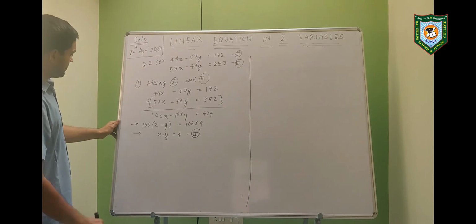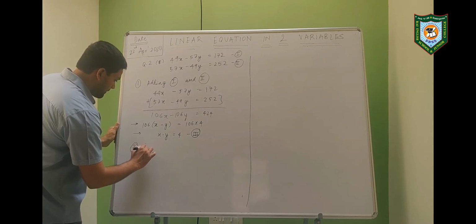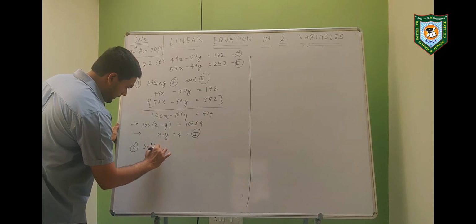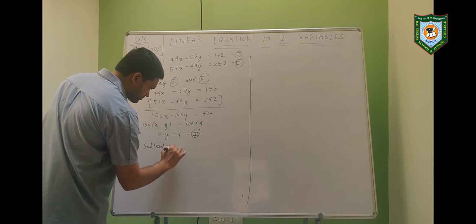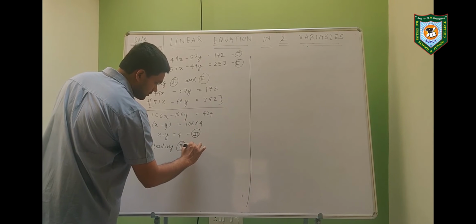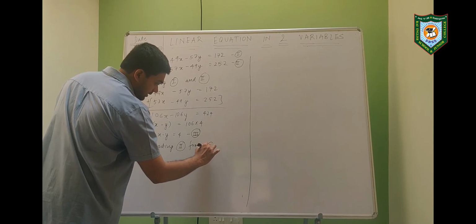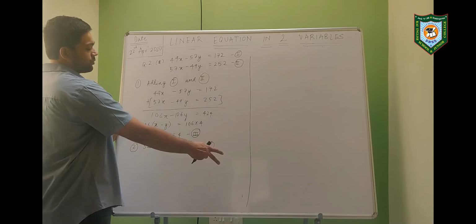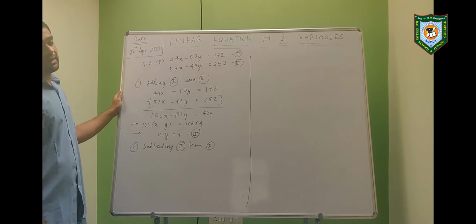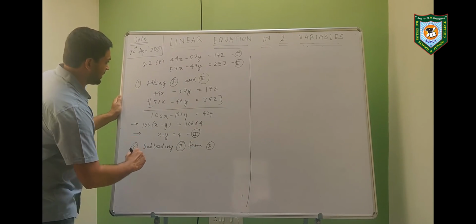Now I have added, now subtracting 2 from 1. As I said earlier, it does not matter which one you subtract from which. All that matters is that your sequence is correct every time.